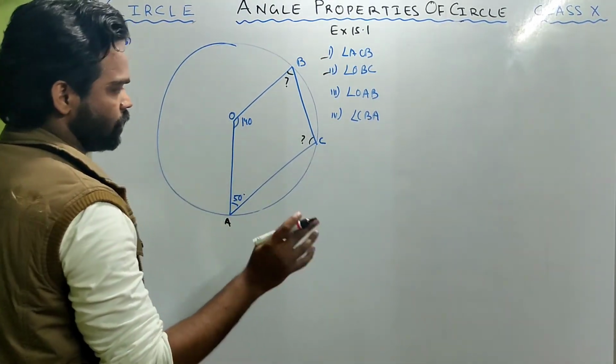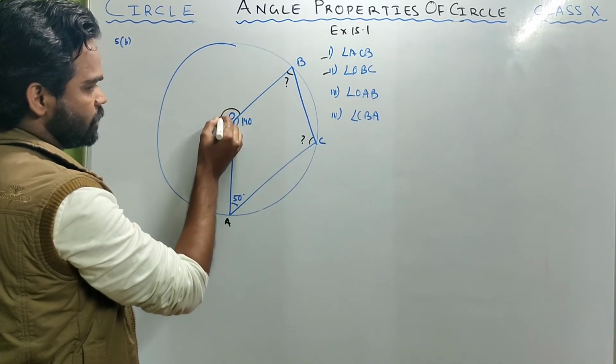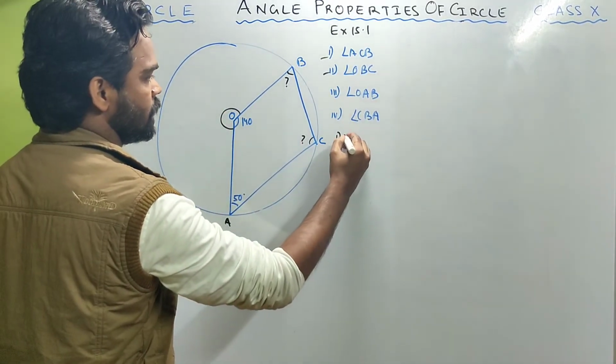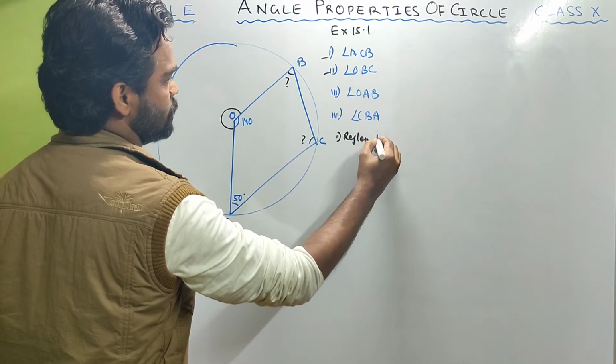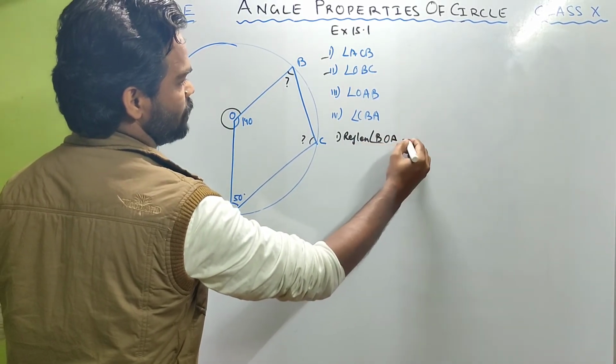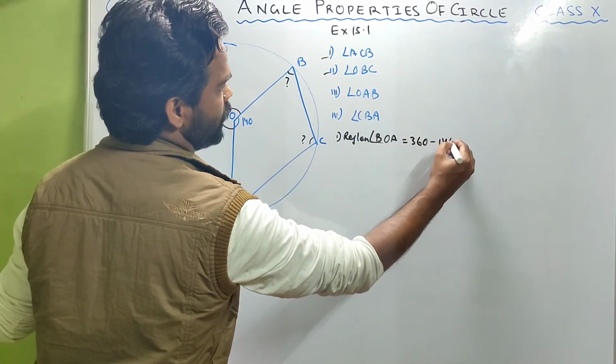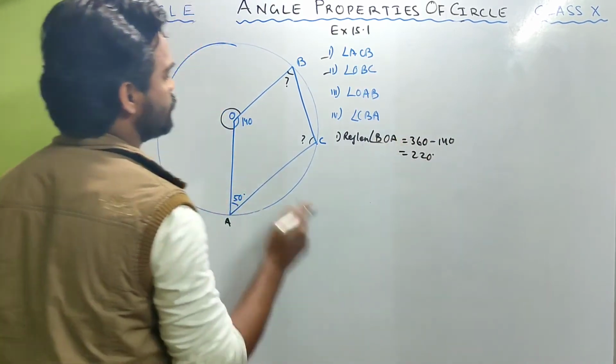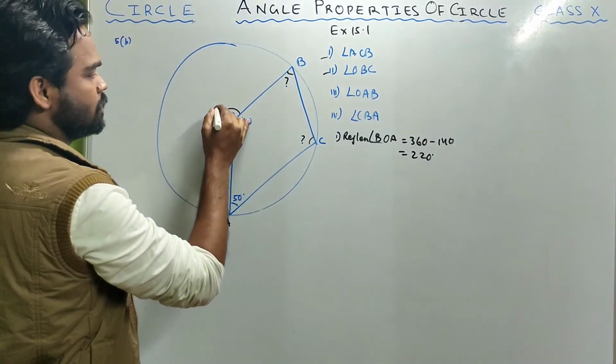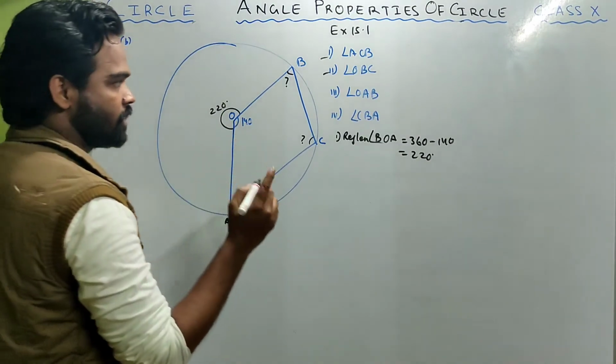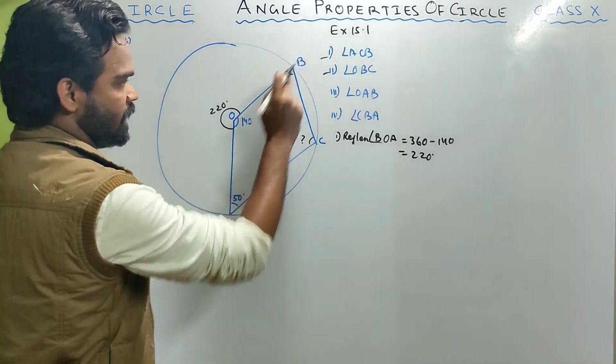Very easy. Look over here. First of all, you find reflex BOA. That will be definitely 360 minus 140. That's 220 degrees, because the angle at a point is 360 degrees. Now look carefully. BA as an arc.